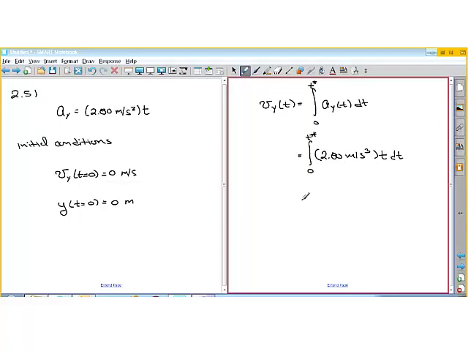Well, this is a constant, so you can bring that outside the integral sign. So then we just end up with the integral from t equals 0 to t equals t star of t dt. Well, the integral of t dt is just going to be t squared over 2. So we get 2.8 meters per second cubed times t squared over 2 evaluated between 0 and t star.